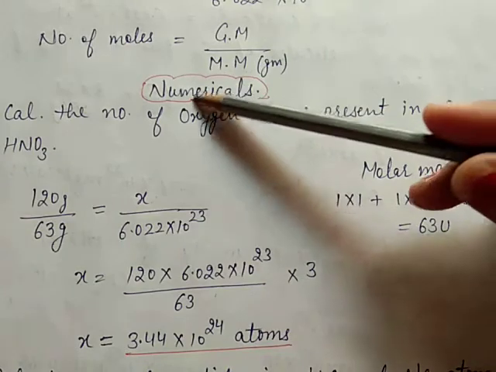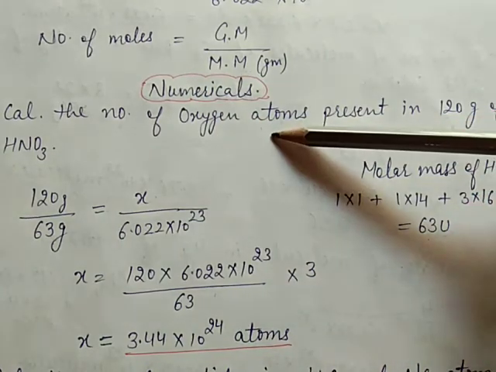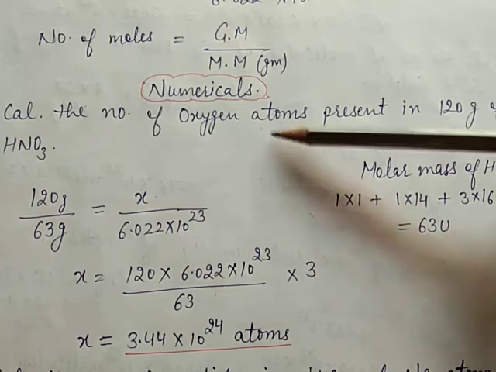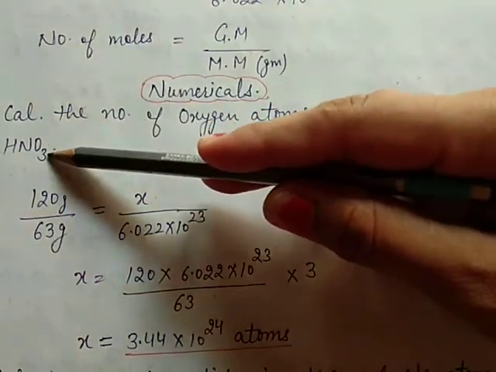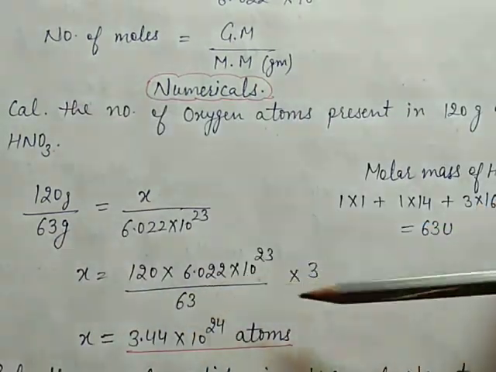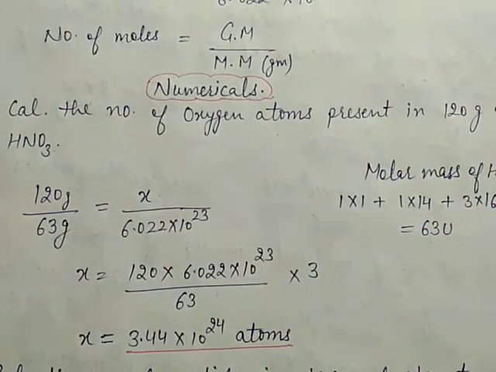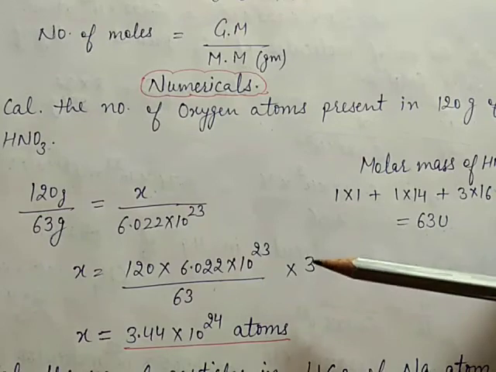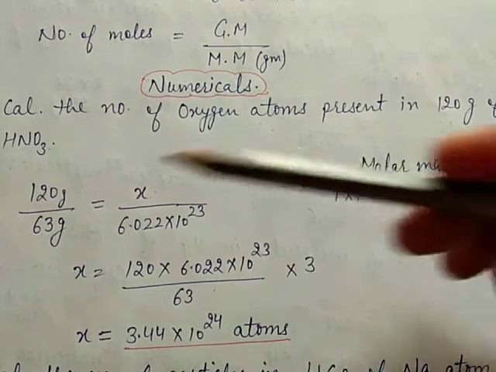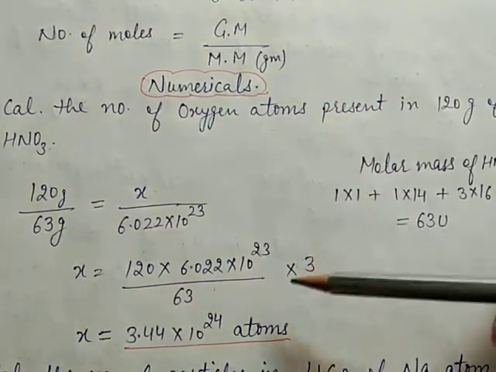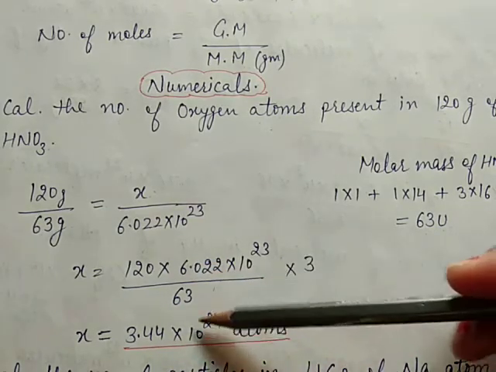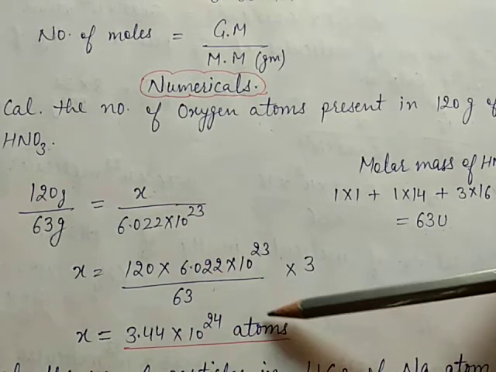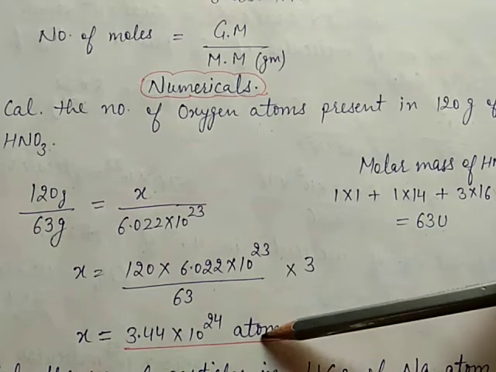But here we have to calculate only oxygen atoms, not nitrogen and hydrogen atoms. Oxygen atoms are 3, so after calculating this you have to multiply by 3. After multiplication, this is the answer, the number of oxygen atoms.